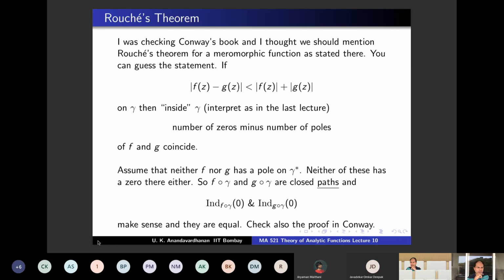And it's one variable calculus after substituting for gamma. Of course, gamma has a parameterization, and then we are dealing with one variable calculus.